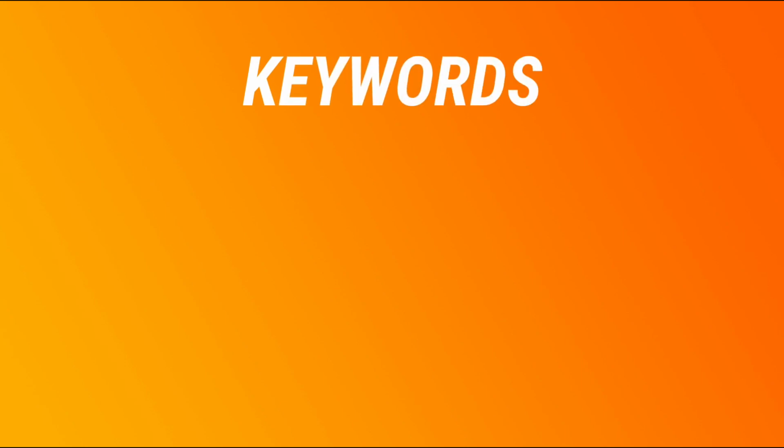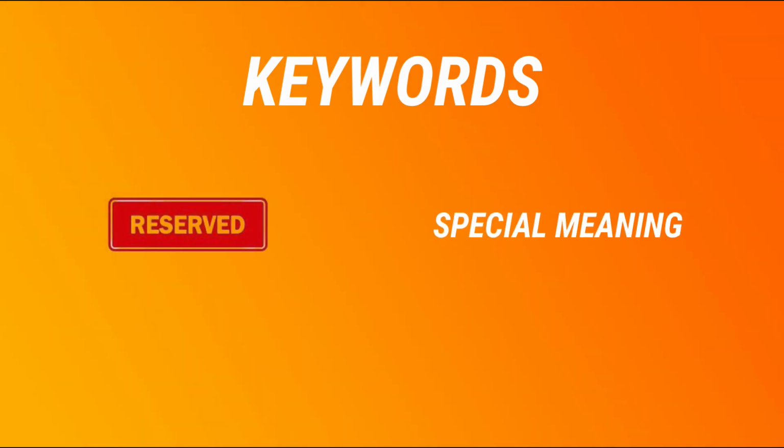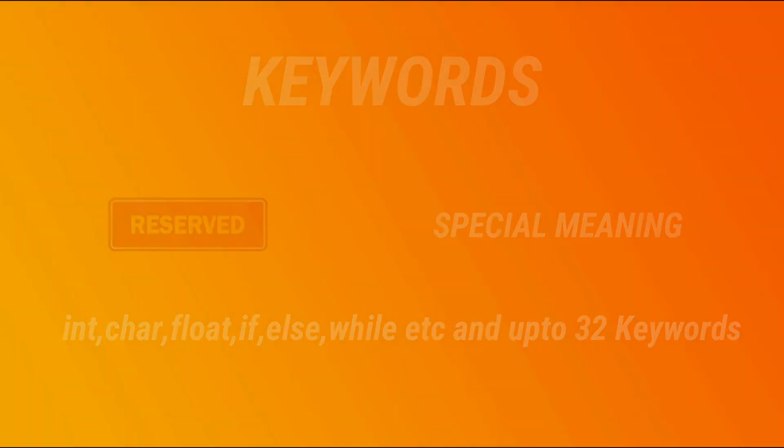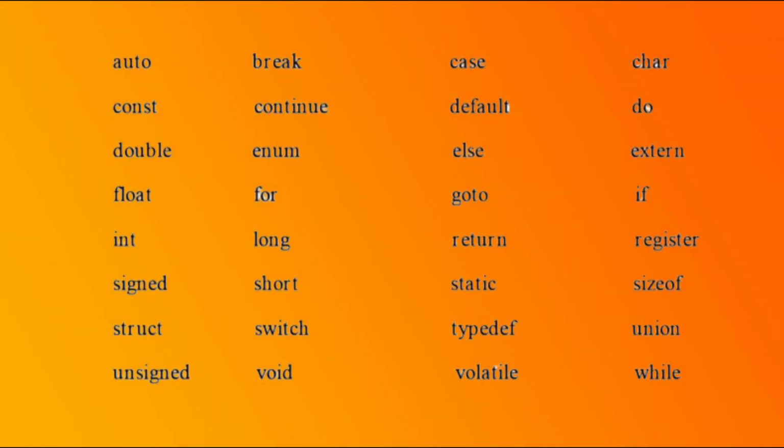Now the second one is keywords. Keywords are reserved words, they have a special meaning and cannot be used as identifiers. For example, int, char, float, if, else, while, and so on, up to 32 keywords in C. You can see the list of 32 keywords here.